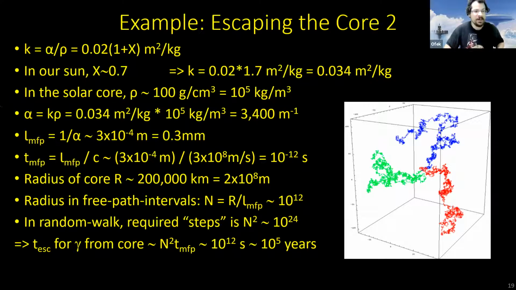Okay, inverting that, the mean free path for photon propagation in the core of the sun is about 0.3 millimeters. And if you divide by the speed of light, you get that the flight time of a freely propagating photon in the core of the sun is 10 to the minus 12 seconds.